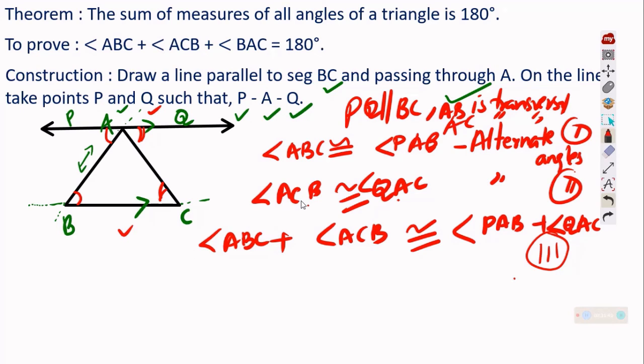Now, if I add BAC on both sides, let me add angle ABC plus angle ACB plus angle BAC. So I added that. Then on the right side also you have to add the same.